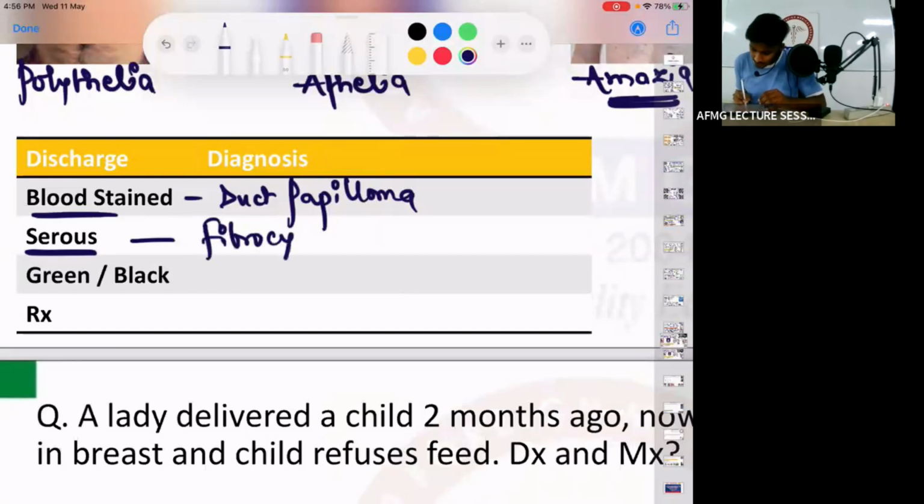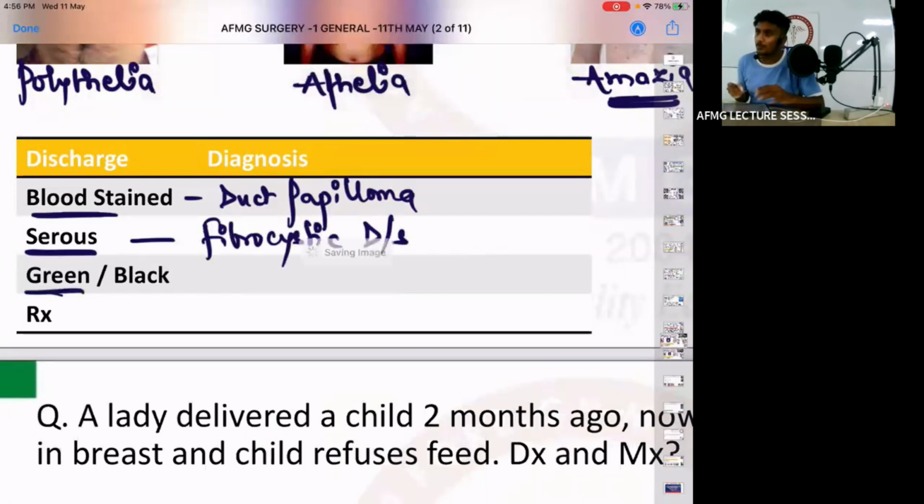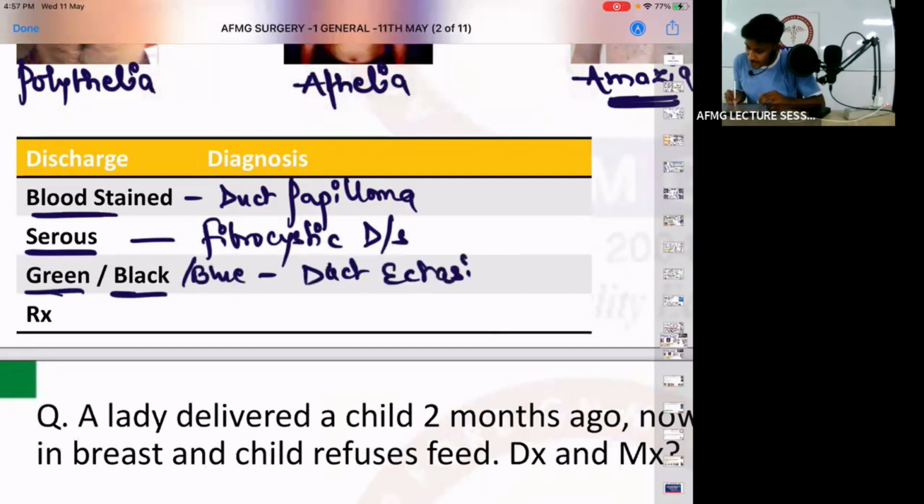The most common cause of green, black or blue discharge is duct ectasia. Ectasia means dilatation of the duct.